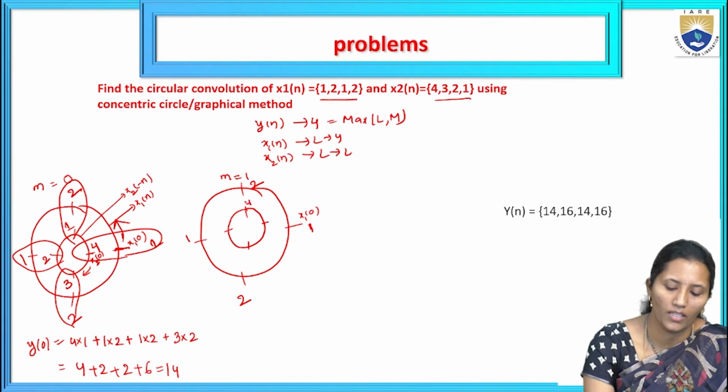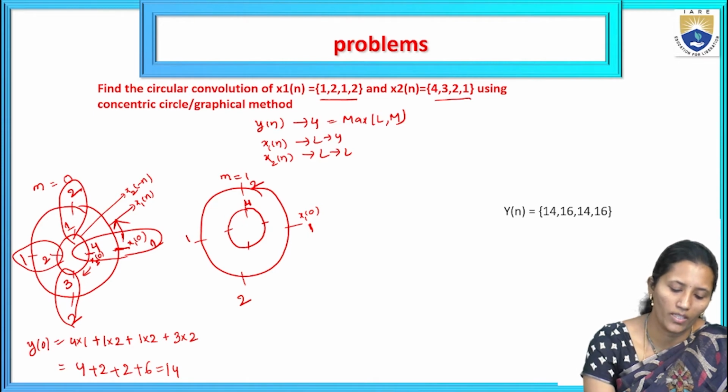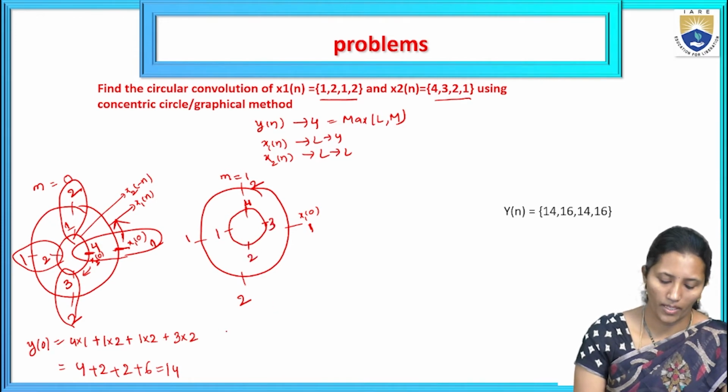So here the 4 is rotated in the anti-clockwise direction, x2 of minus 1. The 4 starts here: 4, 1, 2, 3. The corresponding amplitudes will be multiplied here.